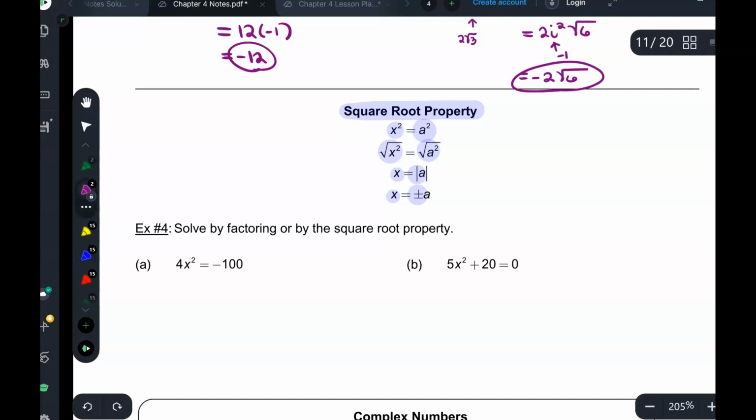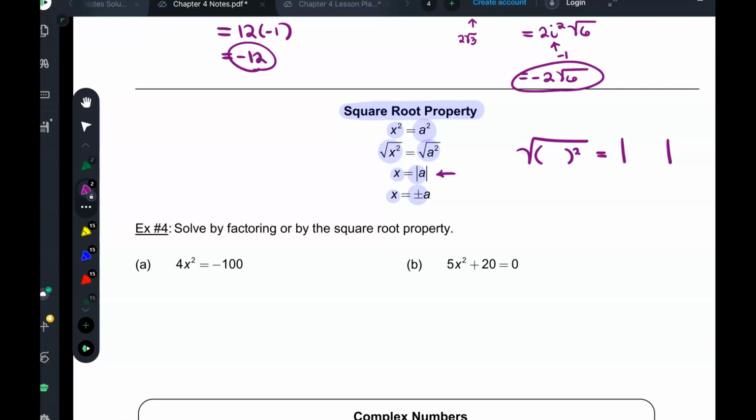Usually when you learn this in Algebra 1, your teacher might skip the absolute value process, and they'll jump right to, oh, it could be positive or negative a. But technically, when you take the square root of something squared, you get the absolute value of what's inside, meaning what's inside could be positive or negative.